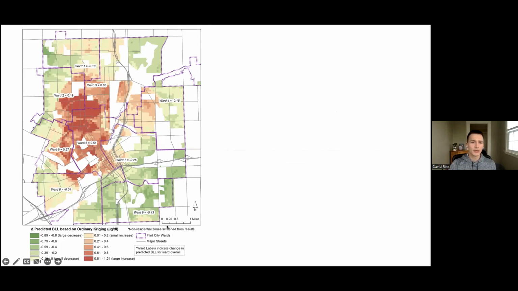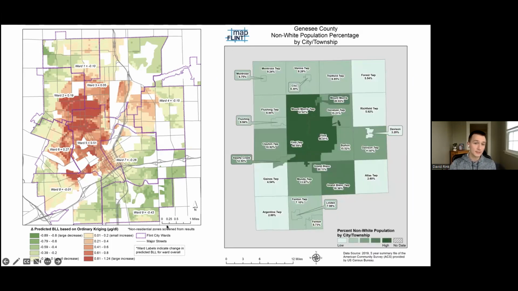And if we compare it to a demographic map of Flint of non-white population, we can see there's a fairly significant overlap between those red and orange areas where the predicted change in lead levels are greatest. And I think that is quite telling.